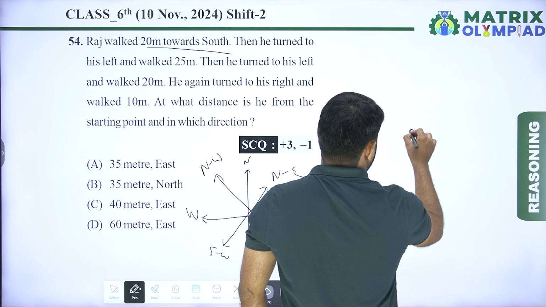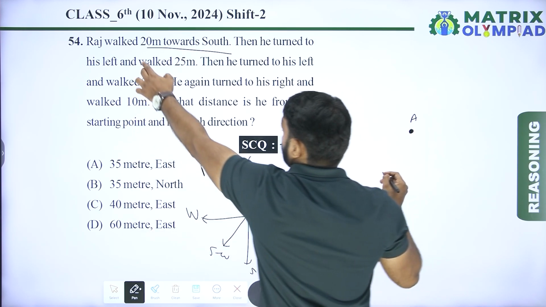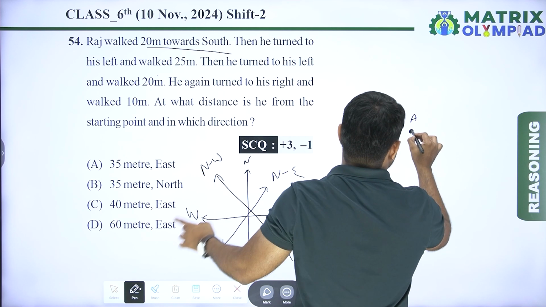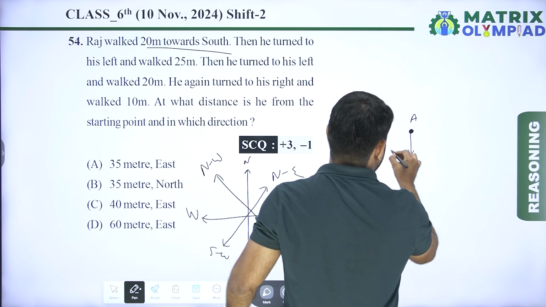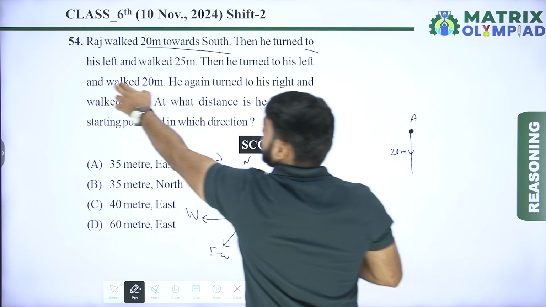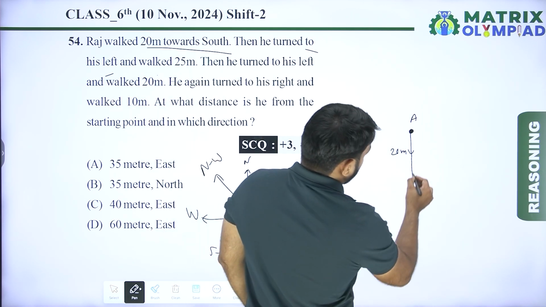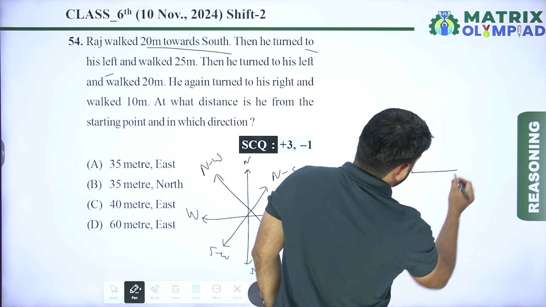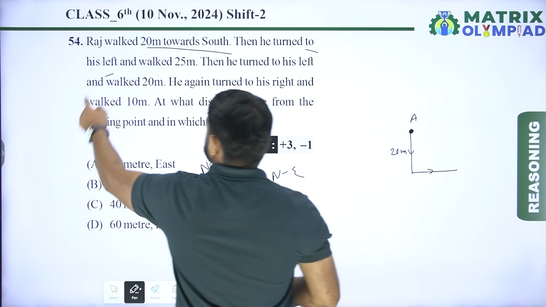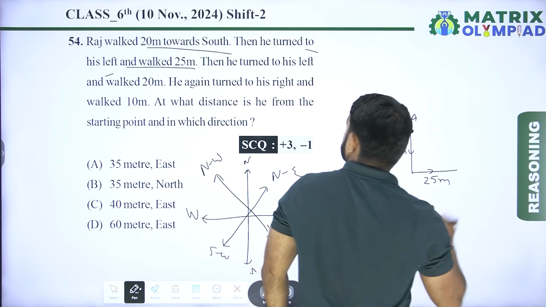So let's suppose A is the starting point of Raj. Now Raj walked 20 meter towards south. Then he turned to his left and walked 25 meter.